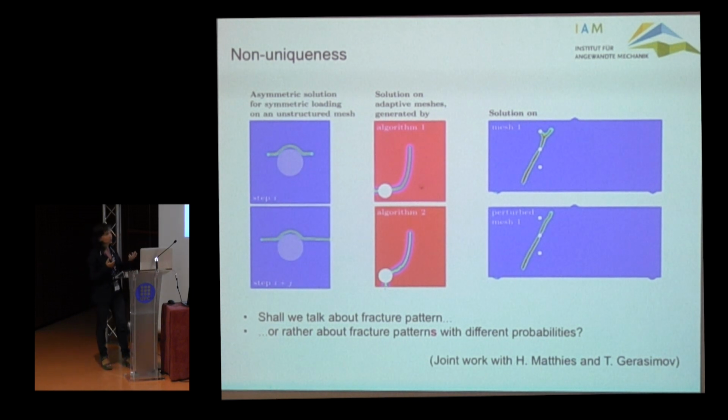You end up with different crack patterns based on really minimal changes in, for instance, in this case, your mesh. So the question is, shall we talk about one fracture pattern, or shall we rather talk about several fracture patterns, each of which is given a probability to occur? And this is joint work that is ongoing, I can say, with Herman Mattis and Timothy Gerasimov.